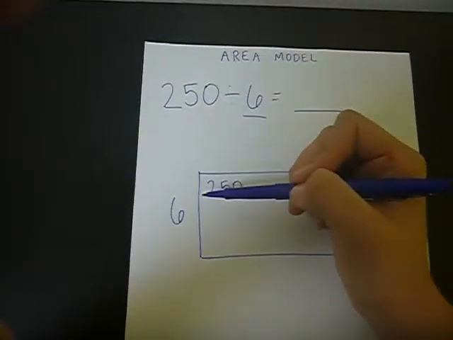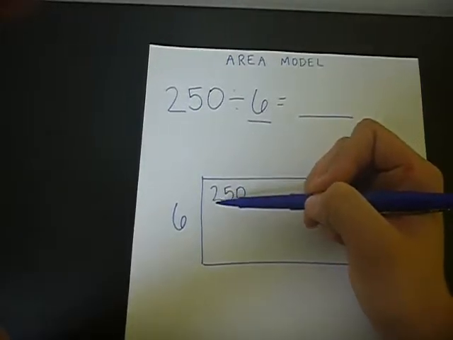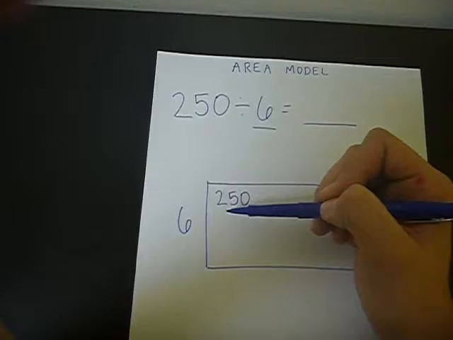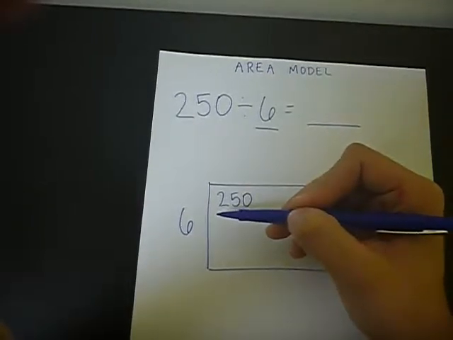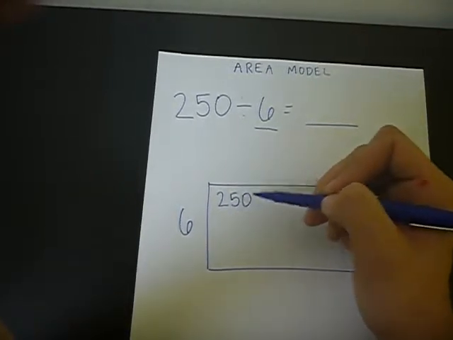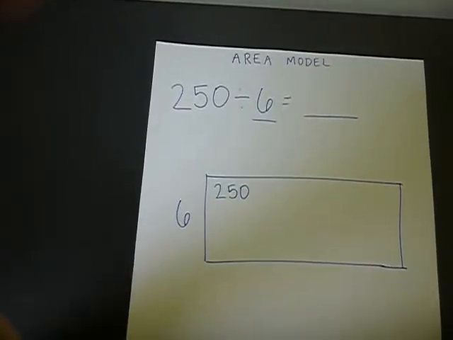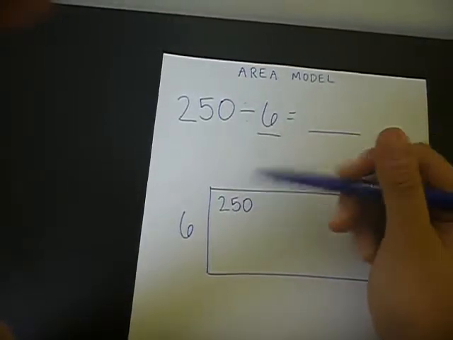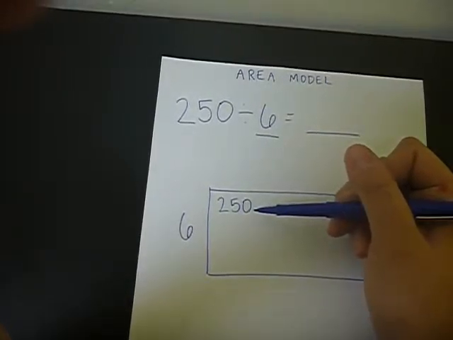Now I see that I have 200s. Well, I can't multiply anything by 6 to get to 200s, so I'm going to move on to 25 tens. Can I multiply something to get close to 25 tens without going over?